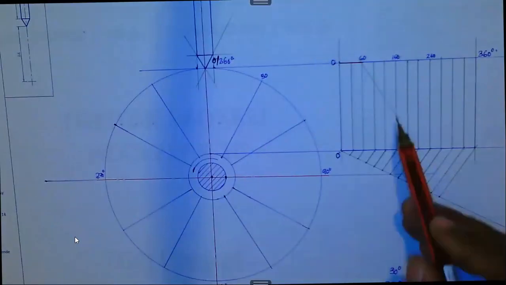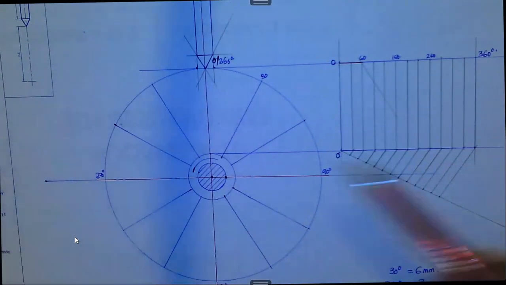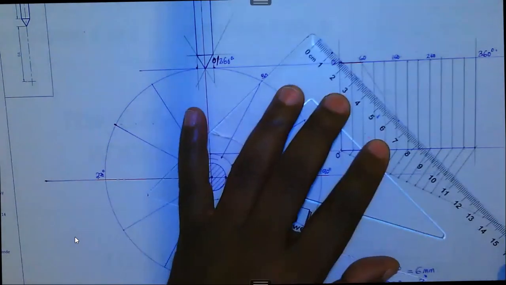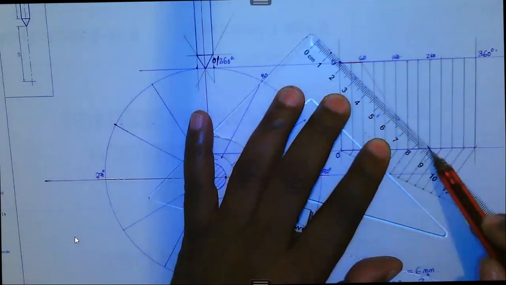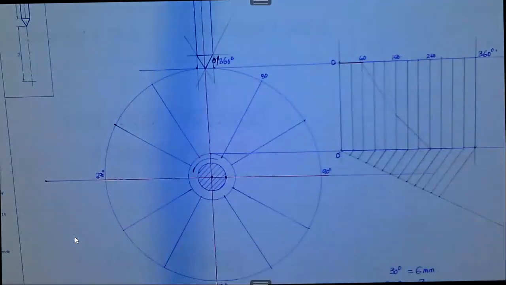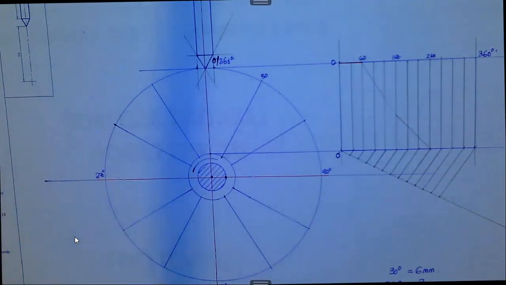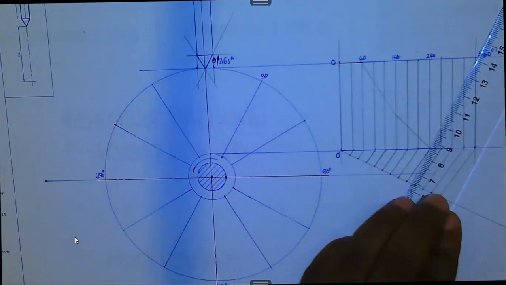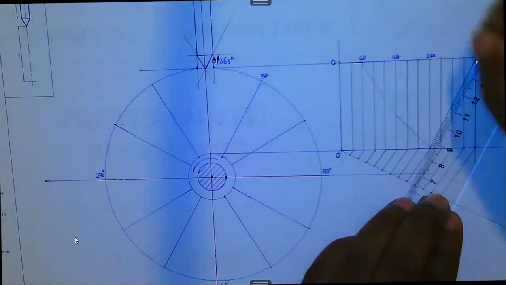Then from 150 to 240, which is up to there, the follower falls again. So it will fall 240 to the lowest point. Then 240 to 360, the follower returns to its original position. So it's going to rise again like this to the original.